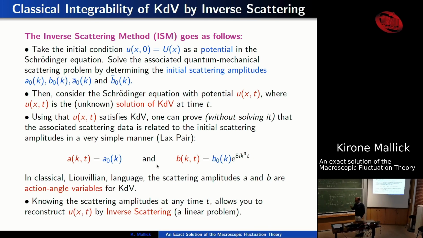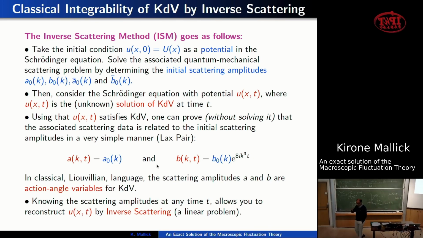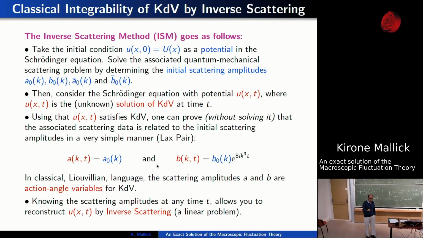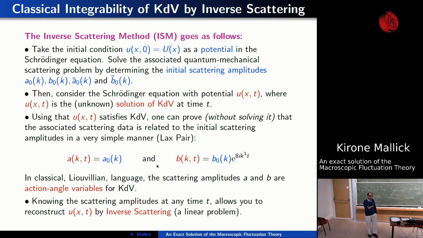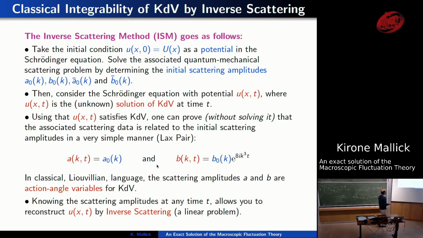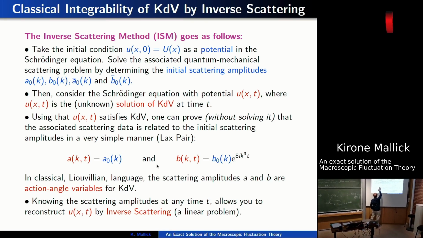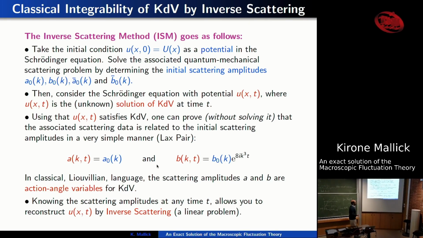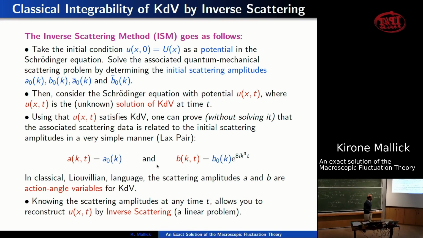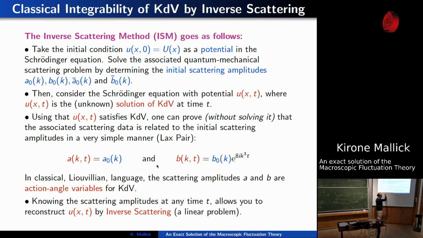So if you are able to compute the initial scattering data A0, B0, A bar 0, and B bar 0, which is given to you because the initial condition is known, you know, only by using the information that u(x,t) is the solution of KdV, the values of A bar, B bar at any time.